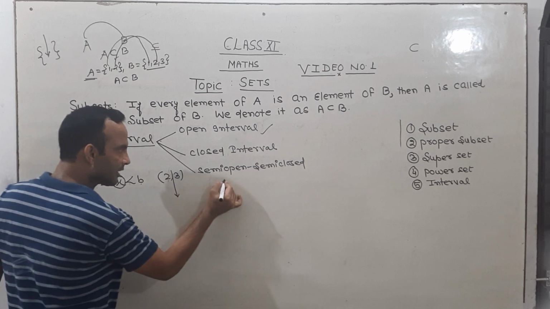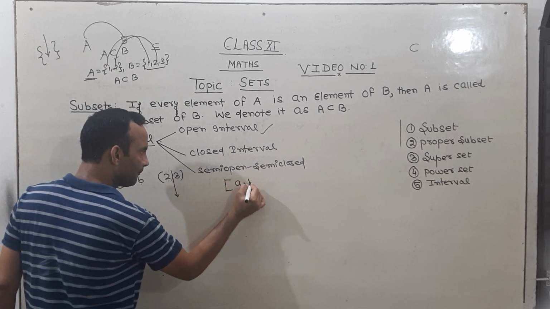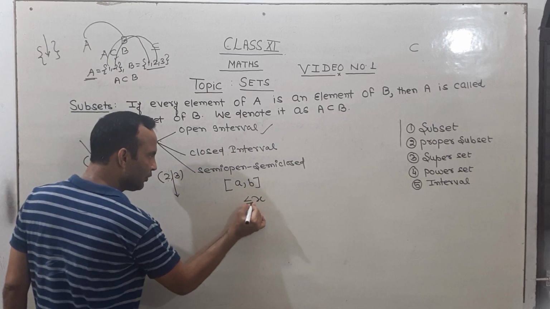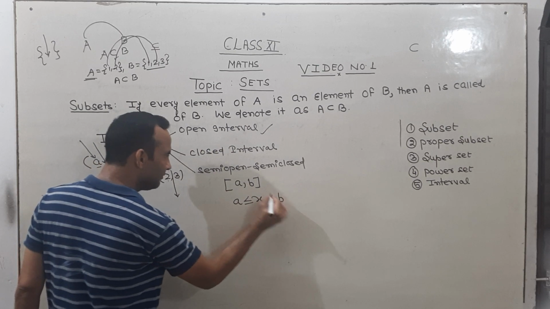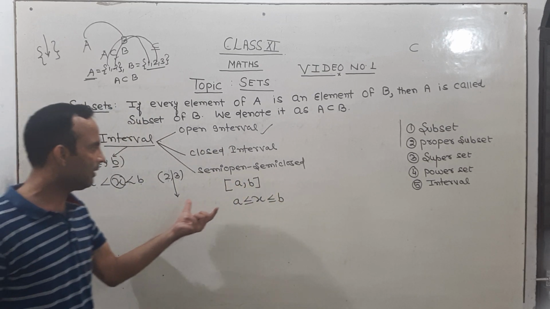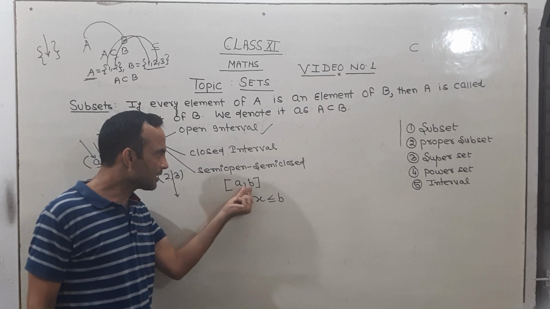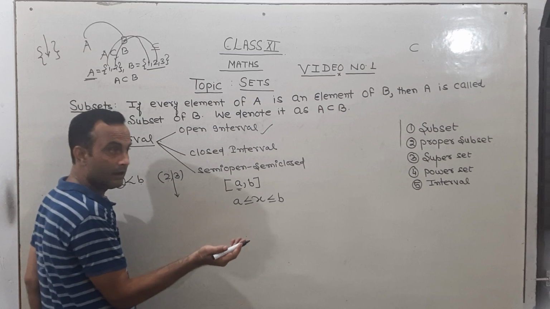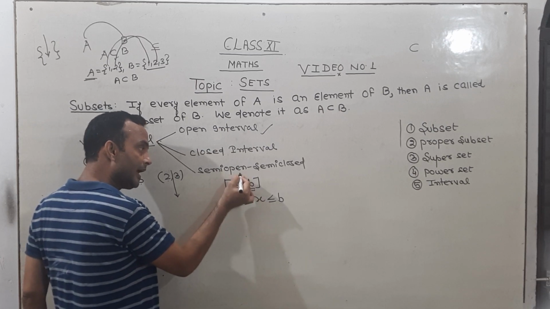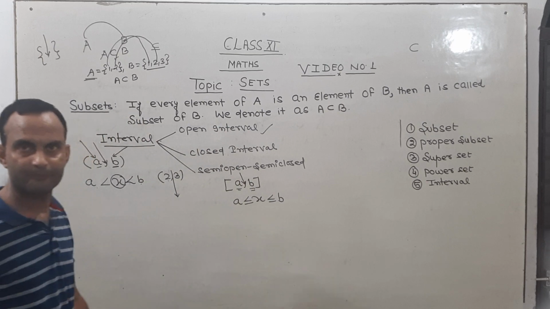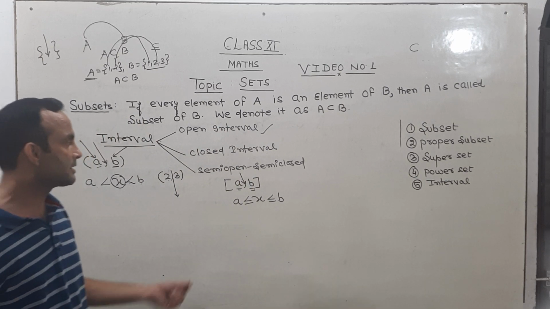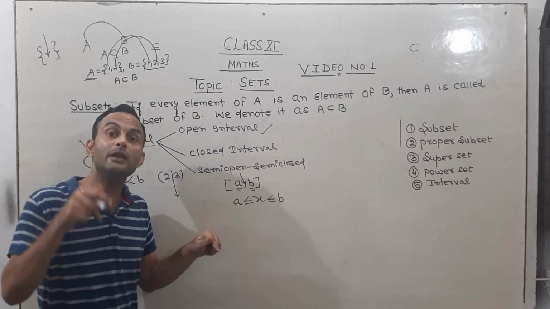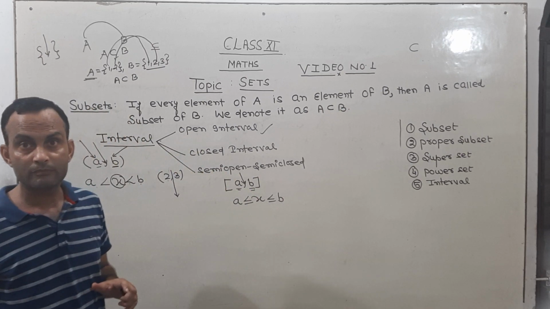Okay, closed interval. This is the symbol of closed interval. Closed interval means x is greater than or equal to a but less than or equal to b. This means if the answer is in a closed interval, the answer can be a, the answer can be b, and the answer can be a value that lies between a and b.